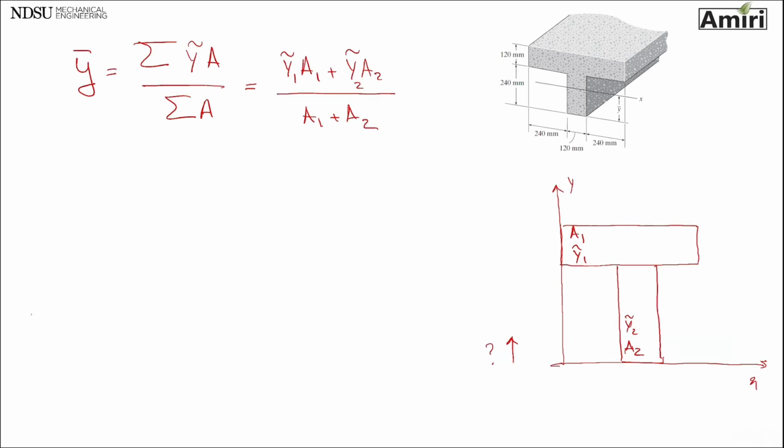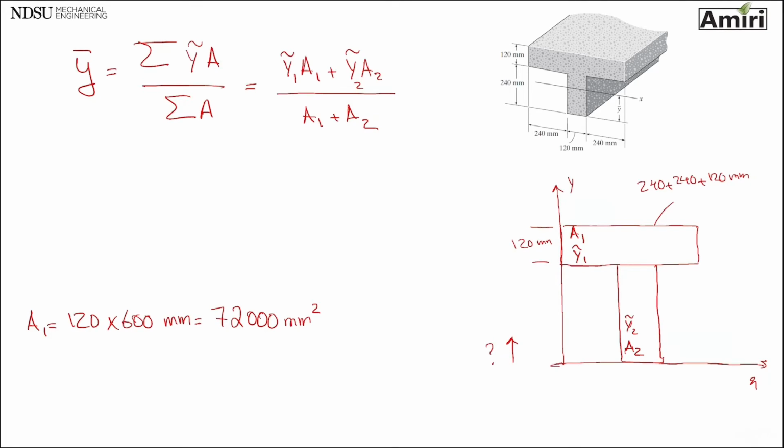Area 1 is going to be 240 plus 240 plus 120, and here is 120. So 120 times 600 is going to be 72,000 square millimeters.